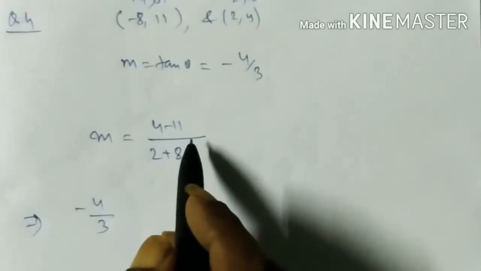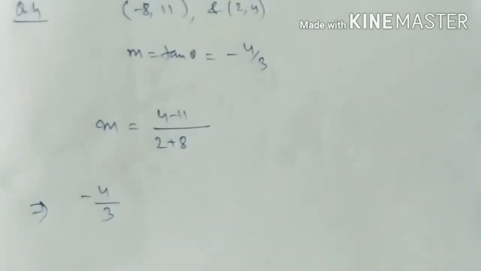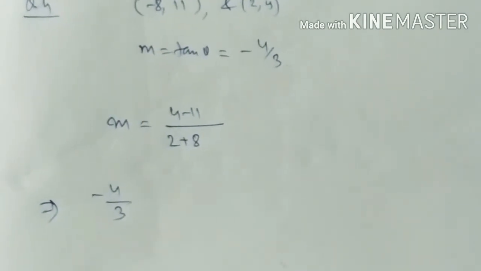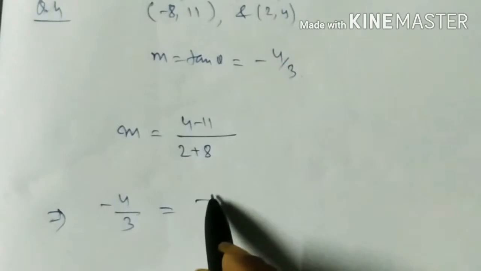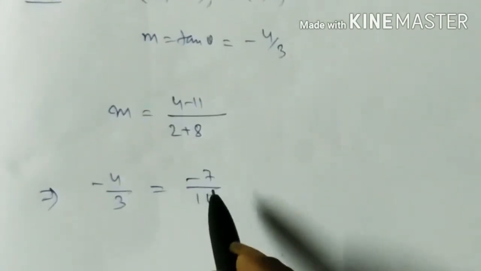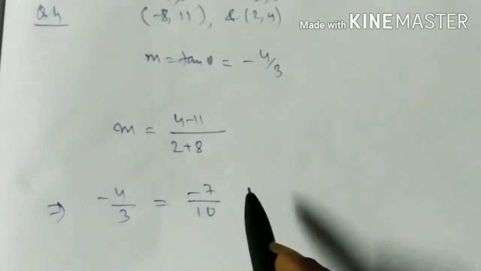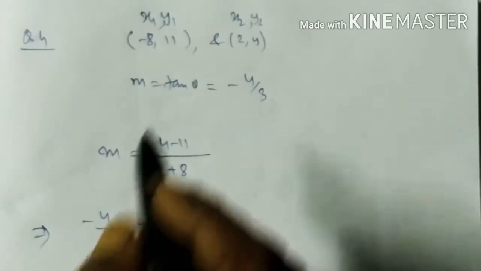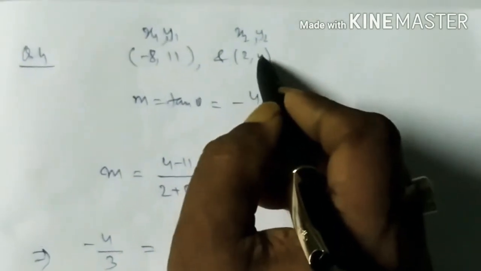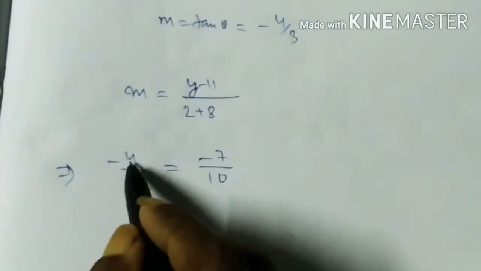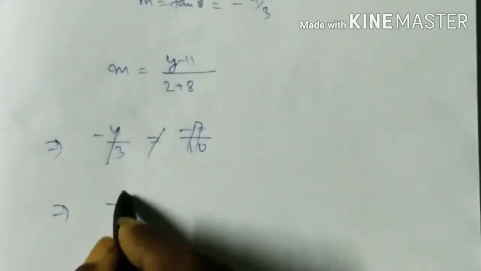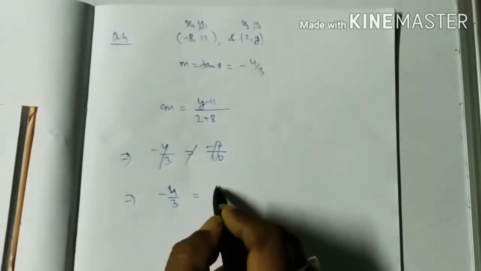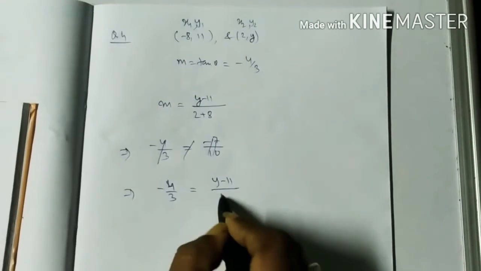I have made a mistake, this is not 4, this is y. So your minus 4 by 3 is equal to (y minus 11) by 10.